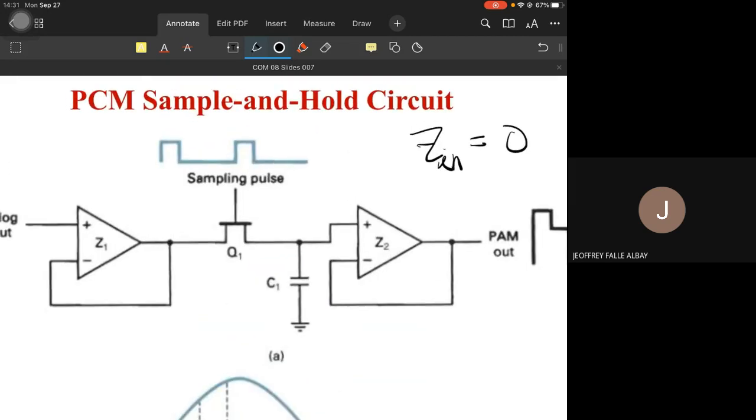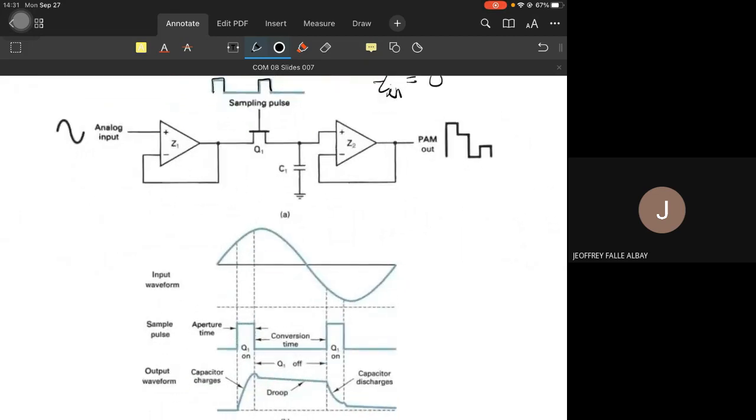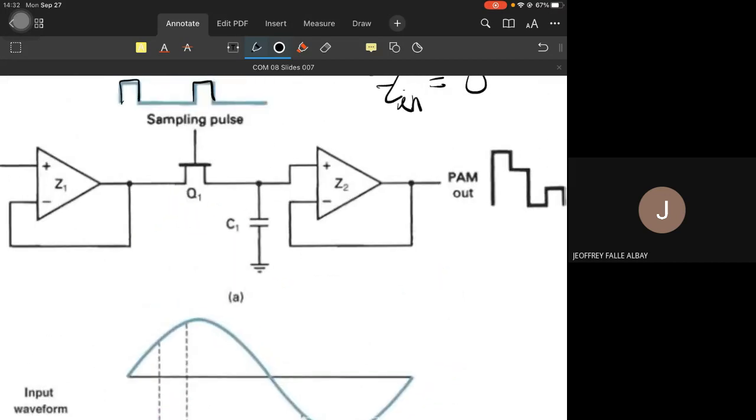A sampling pulse is fed to our transistor, signal B from a few slides ago. At these instances it takes a sample. During the active part of the duty cycle, which we term the aperture time, the capacitor will charge to the voltage level measured at this point.